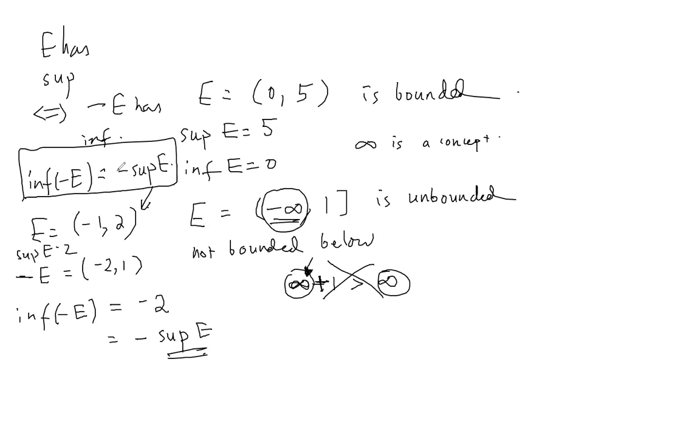Okay, so this relationship actually holds. All right. And then for statement 2, I'll leave it for you to verify yourself. Yeah. Okay. E has an infimum if and only if minus E has a supremum, in which case you have that relationship, right?